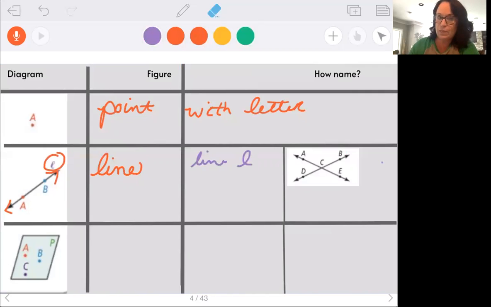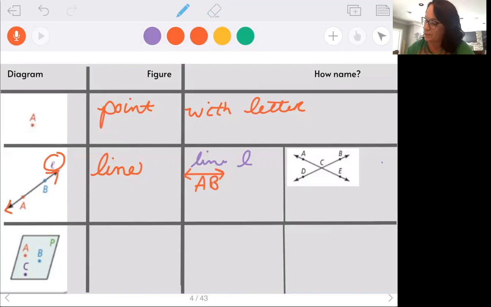Most of the time, though, you'll be naming the lines with any 2 points on them, and it doesn't matter which two. So we can grab A and we can grab B, but you have to put the line symbol over it with arrows on both ends. Without that, it means something entirely different. If you leave one of the arrows off, it's entirely different.